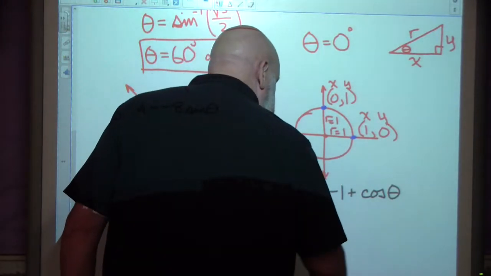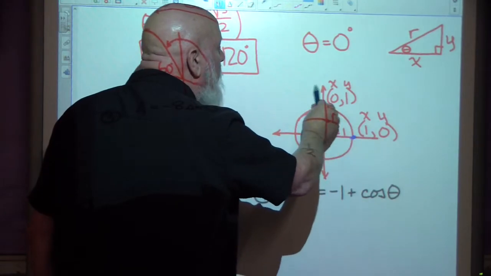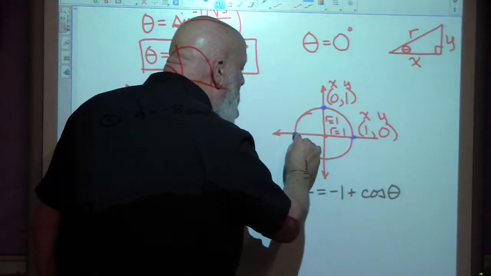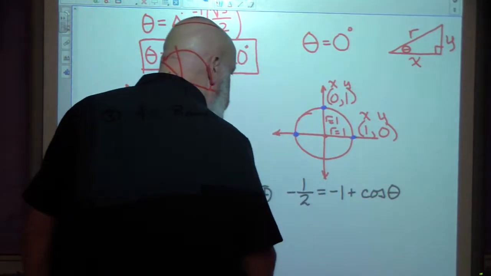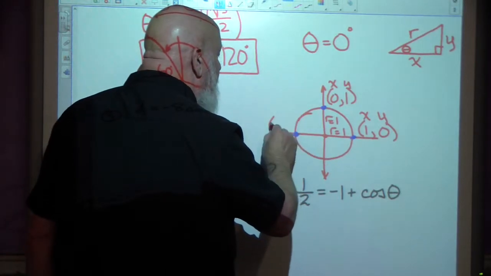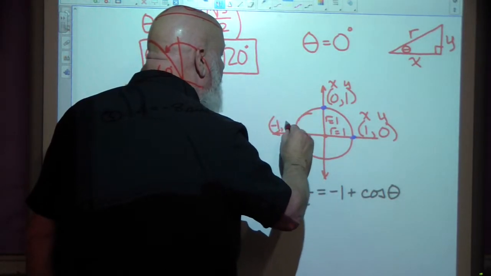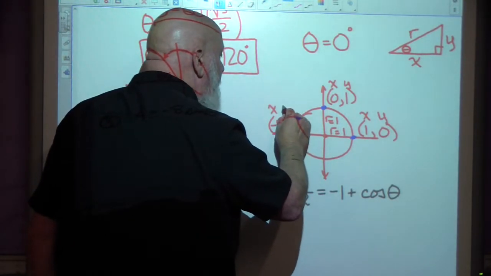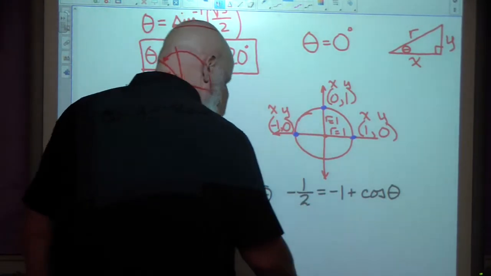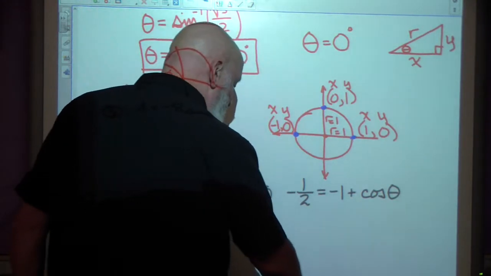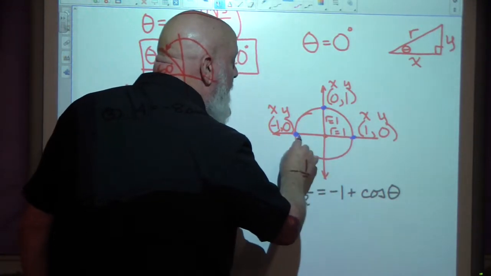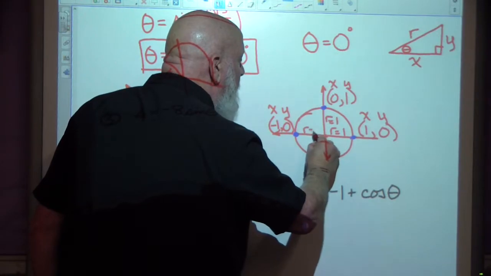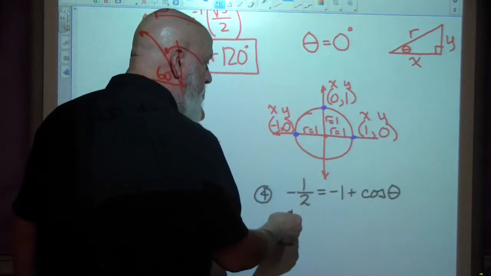When we look at this quadrantal angle, if I rotate 180 degrees, I'll be right here. The coordinates of this point are -1, 0. That's an x value of -1, y value of 0. And again, r, from here to here, has a value of 1. The radius is 1 unit long.